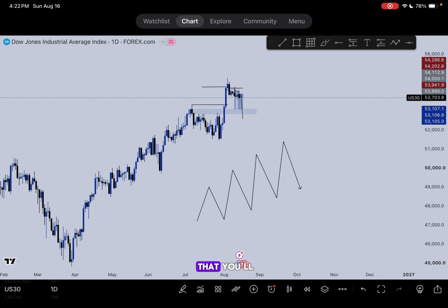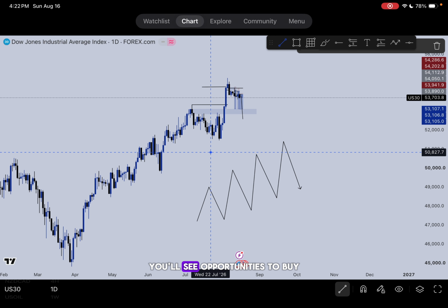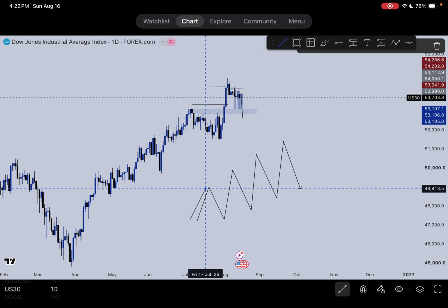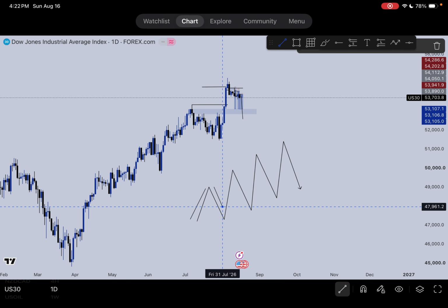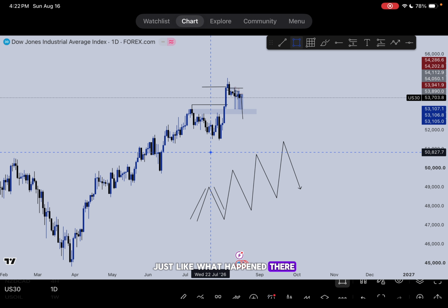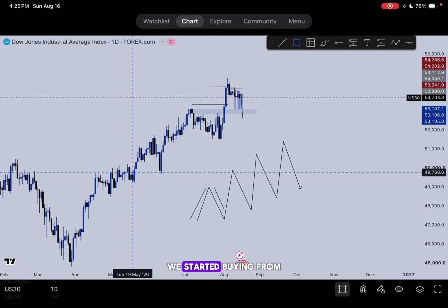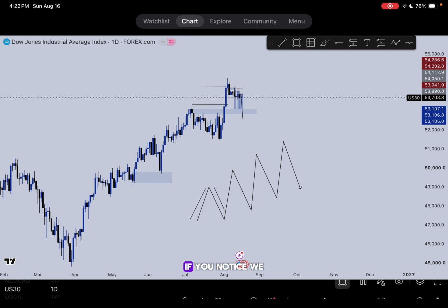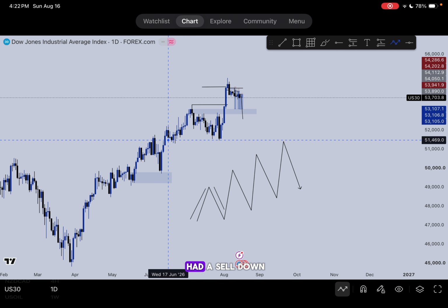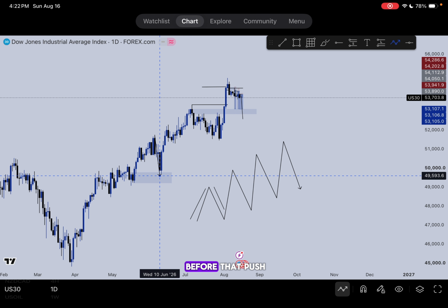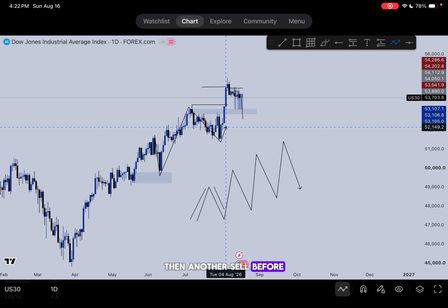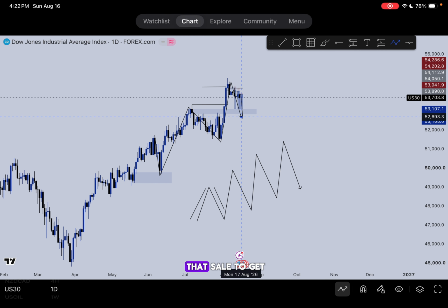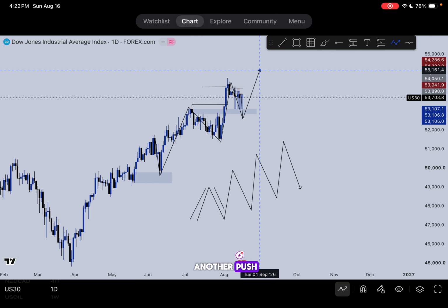You can clearly see that you see opportunities to buy, same way you still see opportunities to sell. Just like what happened there, we started buying from this zone. If you notice, we had a sell down before that push, then another sell before the push. So we're expecting on that sell to get another push.